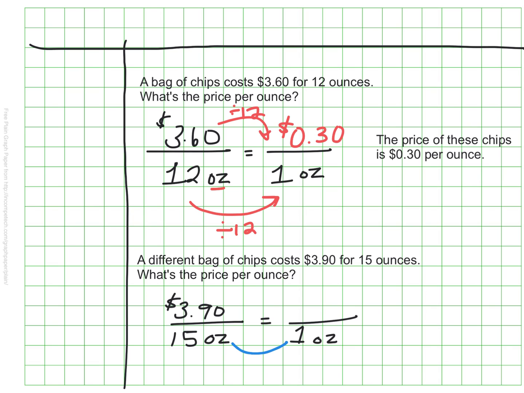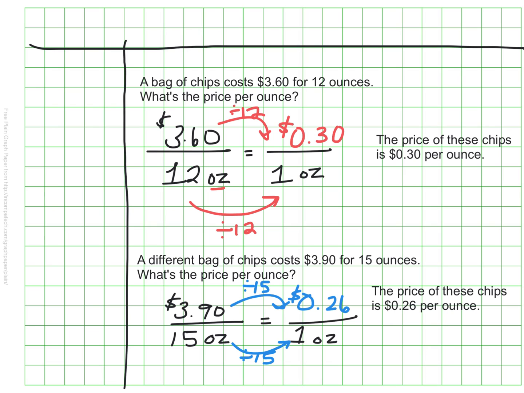And I see here this time I'm dividing this by 15 to figure out my price for 1 ounce. So again, I'll do the same thing to the top of my equivalent ratio. And it turns out that this would be 26 cents per ounce.